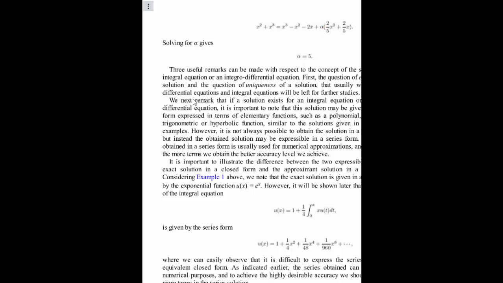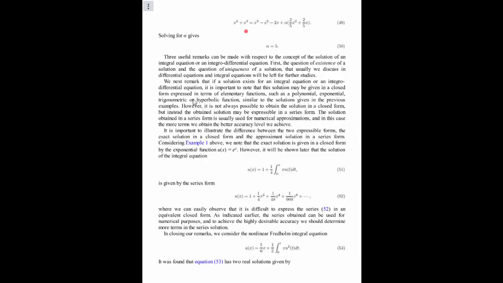So let me write it here. Alpha times 2/5 minus 1 must be equal to 1, because these two expressions are the coefficients of x squared in both sides.